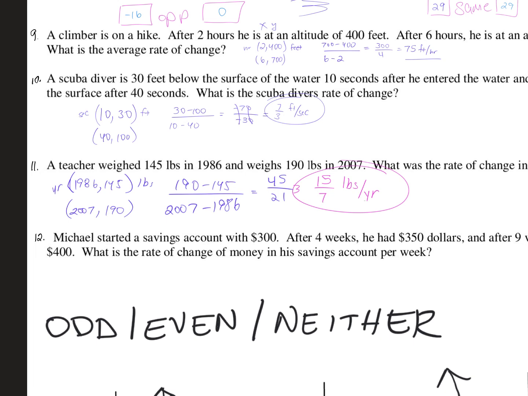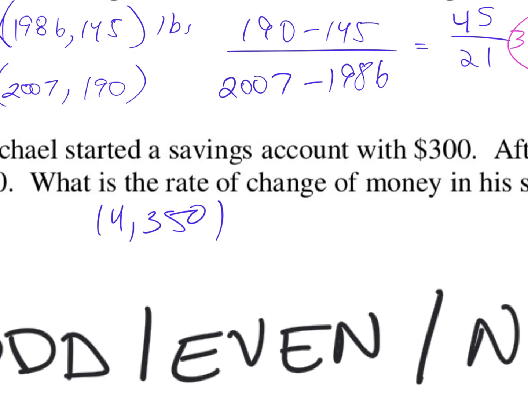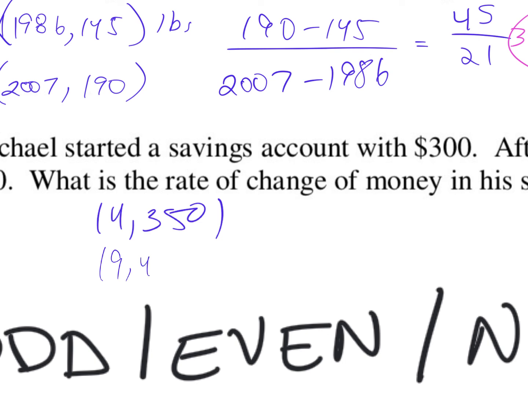4 and 350. Remember, time and then money. Here's my first time. That's what goes with it. What's my second ordered pair? 9 and 400. Does 300 have anything to do with this problem? No. So here is my weeks, and here is my money, right?